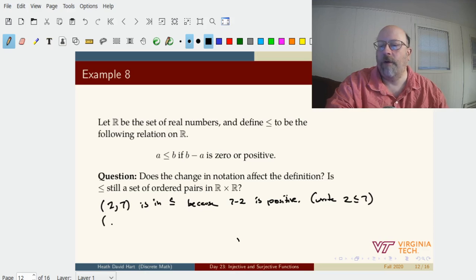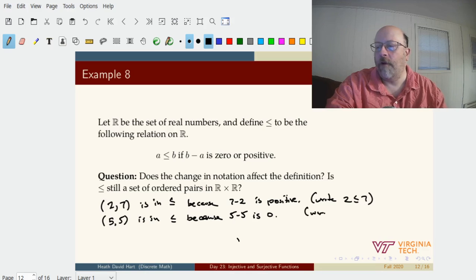But this is what was going on. We're just saying that this describes a whole bunch of pairs of numbers that includes (2, 7). It includes (5, 5). (5, 5) is in this collection because 5 minus 5 is 0.